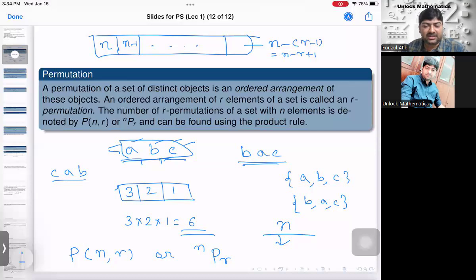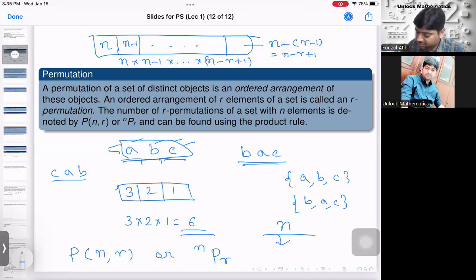Now if I apply the generalized basic principle of counting, how many different r-permutations are possible? It is n into n minus 1 into dot dot dot up to n minus r plus 1 possibilities. This is the number of r-permutations of a set with n elements, denoted by P(n, r).